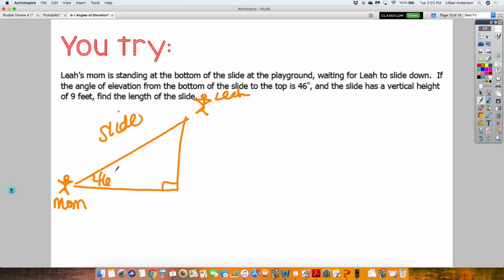So that'd be 46. And the slide has a vertical height of 9. Vertical. So if you were unsure, it'd be 9. Find the length of the slide, which means that you're looking for the hypotenuse. And what trig ratio am I going to use, Amy? I'm going to use sine, and I need to set it up how, Isabel? Sine what?